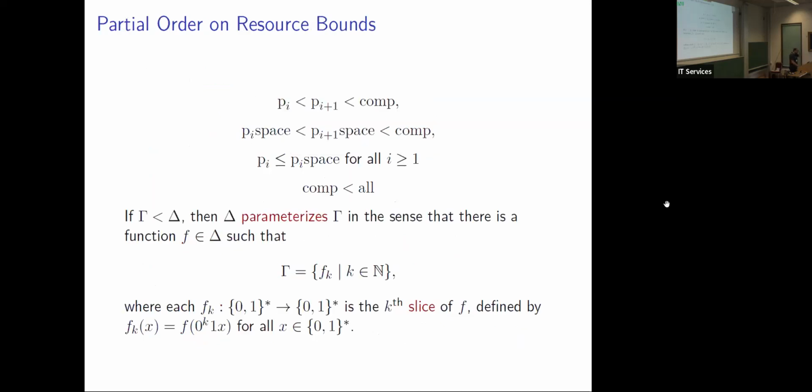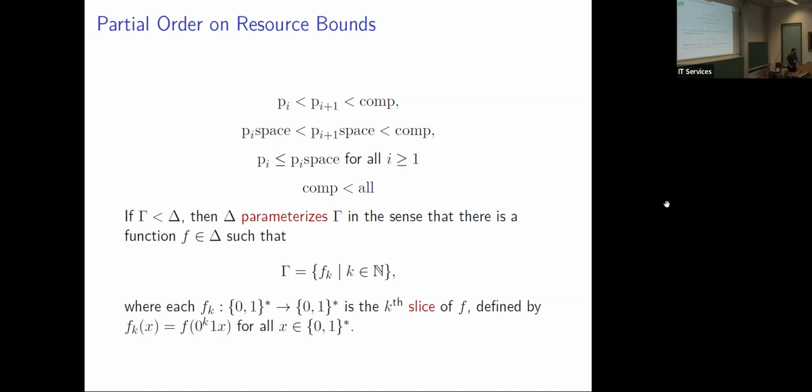With these resource bounds, we have a partial order, a hierarchy from polynomial to quasi-polynomial and so on, where pi is less than pi plus 1 is less than comp. The same is true for space: pi is less than or equal to pi space, and comp is less than all.